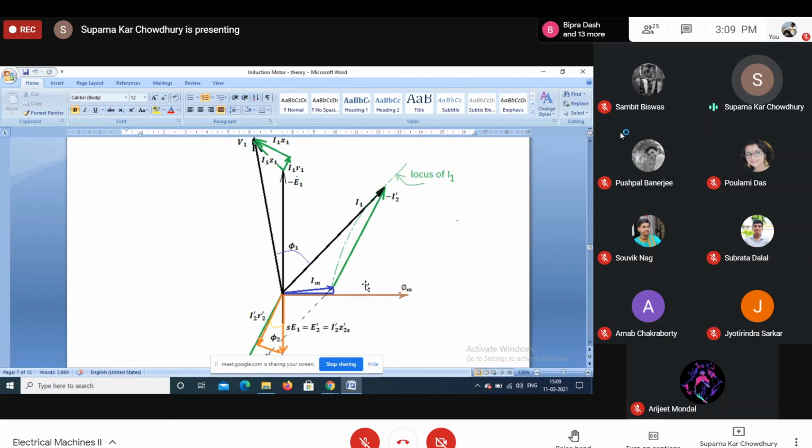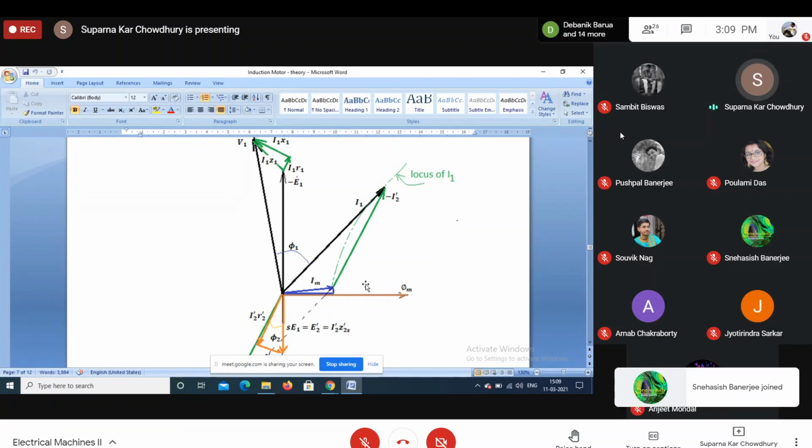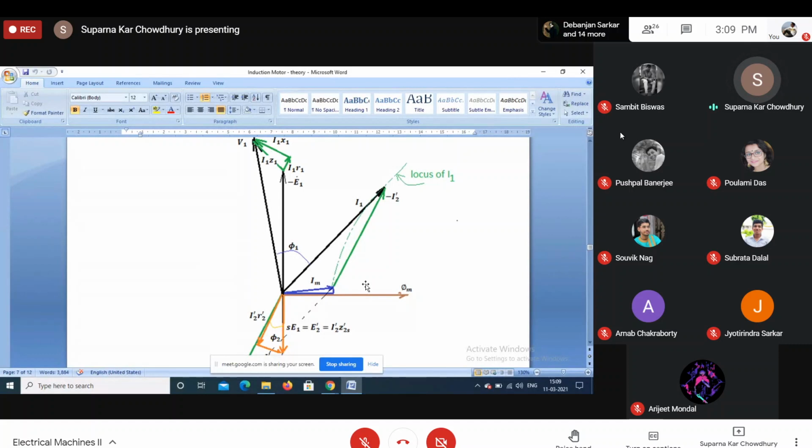As the rotating magnetic field is moving with respect to the stationary rotor, the flux linkage of the rotor conductor changes with time. According to Faraday's law, as the flux linkage changes, there will be EMF induced in the rotor conductors. Now, as the rotor winding is shorted, there will be current flowing.